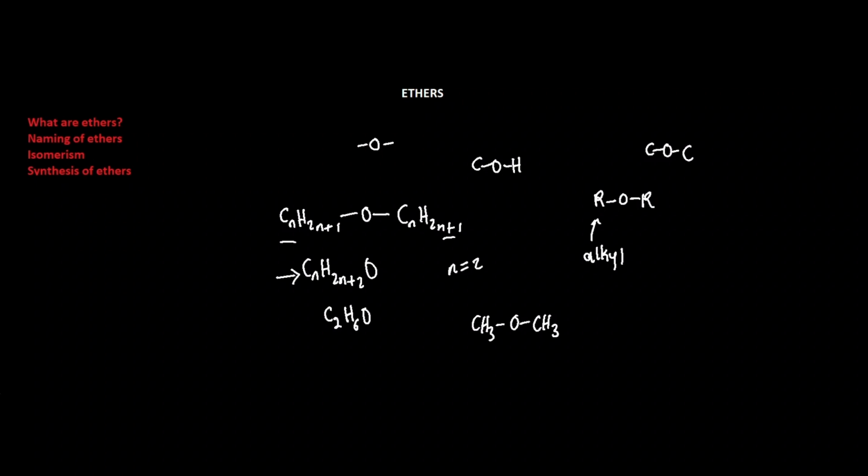Now let's move on to the naming of ethers. Having looked at the general representation of an ether, which is R, O, R, like this, R, of course, as we know, represents an alkyl group.